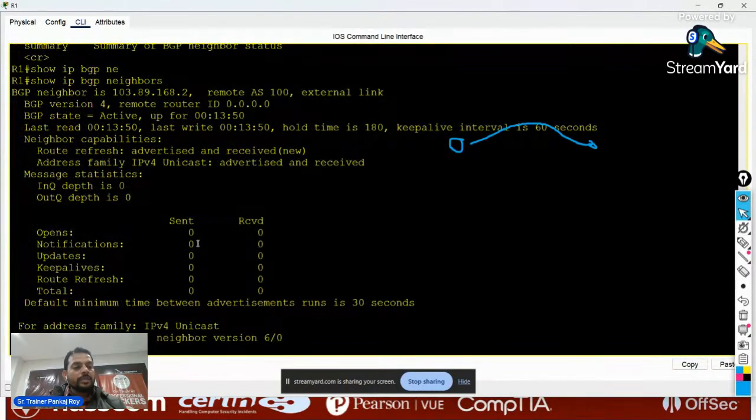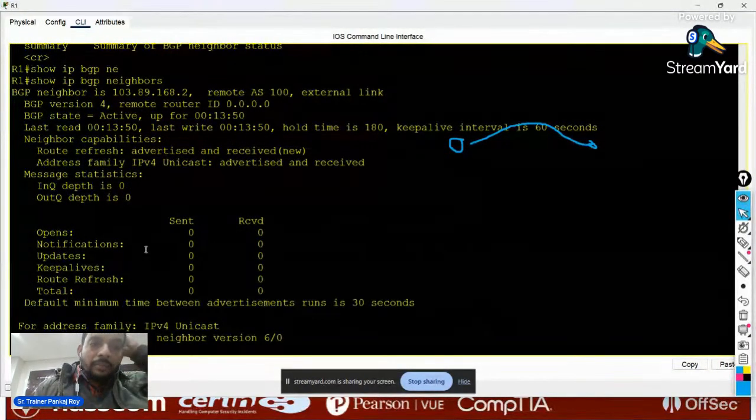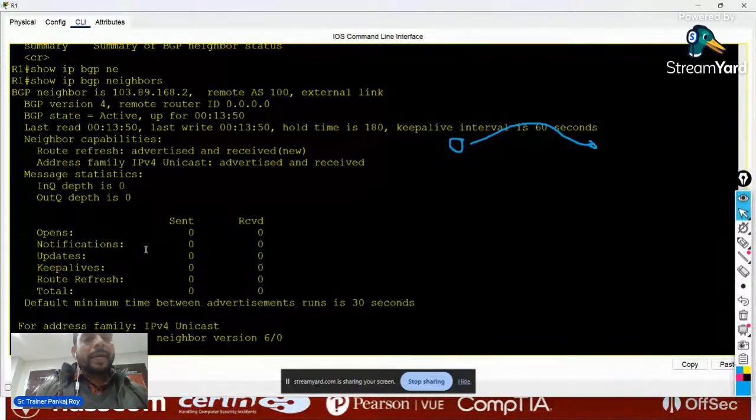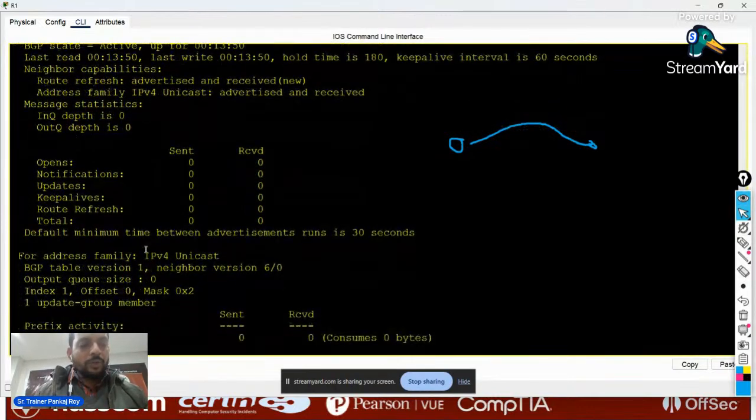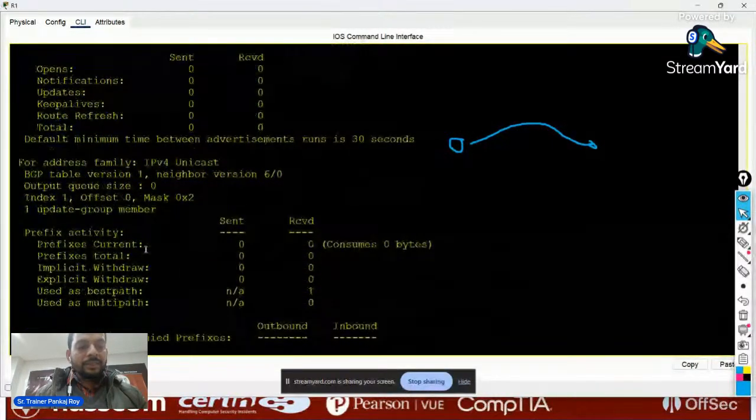BGP cannot send or receive any traffic because the other side has not activated BGP. After BGP is activated, then packets will be sent and received.